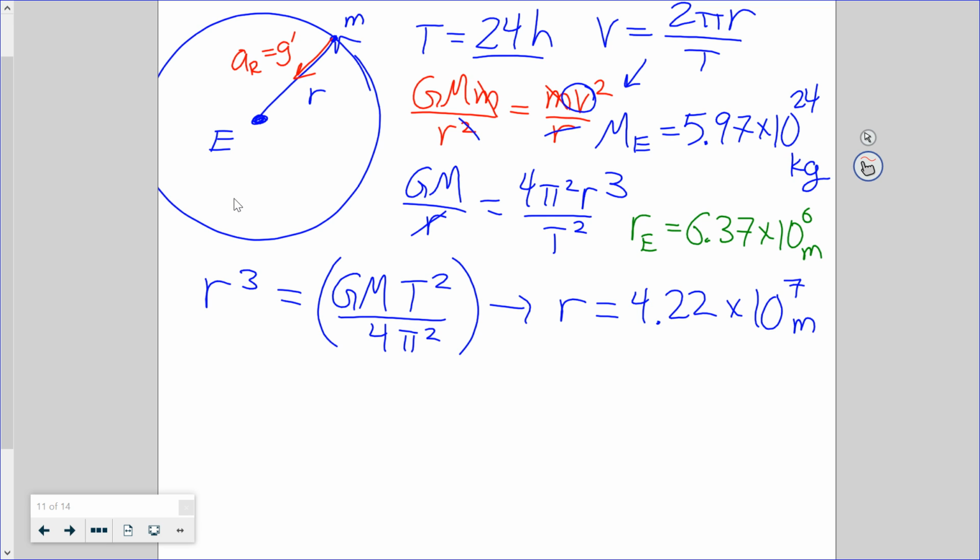But even like a gourd that has elongated ends, you could just take it as the total mass at the very center of mass. So these r's are always distance from the center. So my altitude is r minus r_e. And look, this is going to be like 42 million minus 6 million meters.